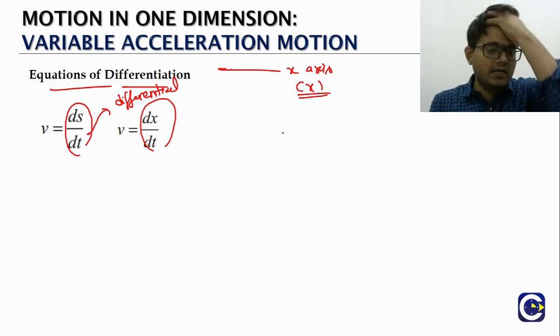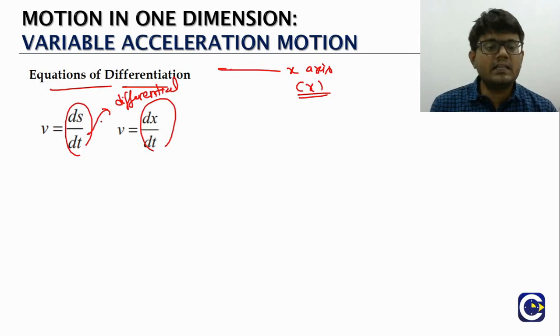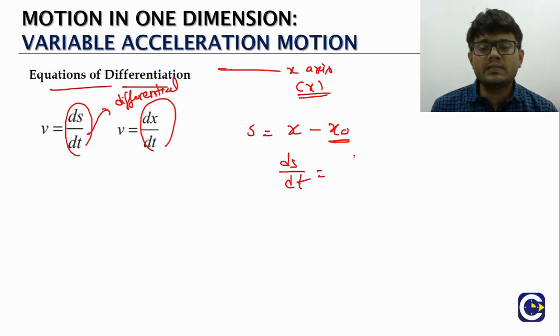Now here we'll have a little bit of a confusion whether we should take the relation in terms of the displacement or in terms of the position. What we need to understand is displacement will be equal to position at a given time minus the position at the starting time, that is what we can call x naught. So if you take the derivative on both sides, what we will get? Left hand side will have ds by dt is equal to, right hand side is the derivative of x minus x naught.